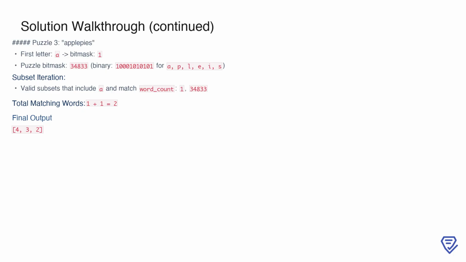When we sum up the counts, we find 1 plus 1 equals 2 valid words for this puzzle. With all puzzles processed, the final output is [4, 3, 2], representing the number of valid words for aboveC, abovecan, and applepies, respectively.